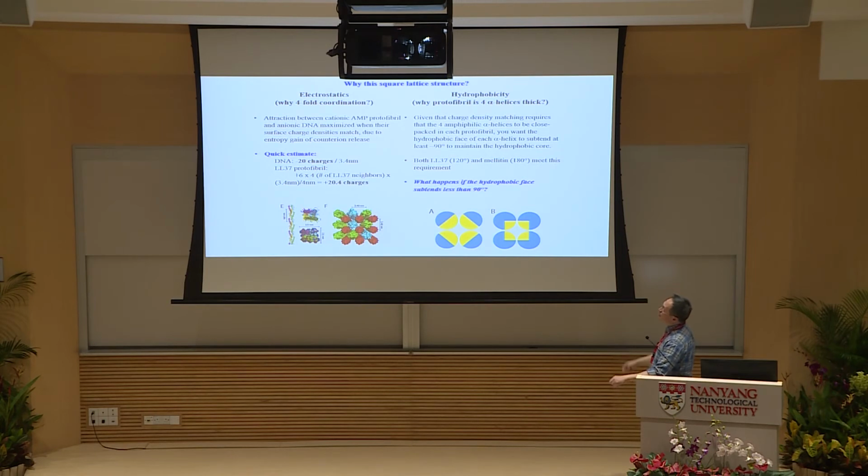And this 4-fold coordination actually gives you exactly that kind of charge density matching. You have about -20 charges in the DNA every 3.4 nanometers, and you have about the same amount of positive charges when it goes into this 4-fold coordination.